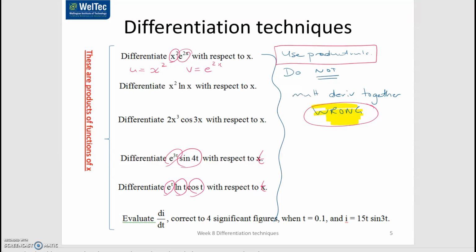Now here, all we've got to recognize is that if y is equal to u v w, then the derivative is going to be u dash v w plus u v dash w plus u v w dash. And you can go on forever. You can have 5 functions multiplied together to use the product rule, just like that. But you must use it if you've got functions of x or t or some other variable multiplied together.